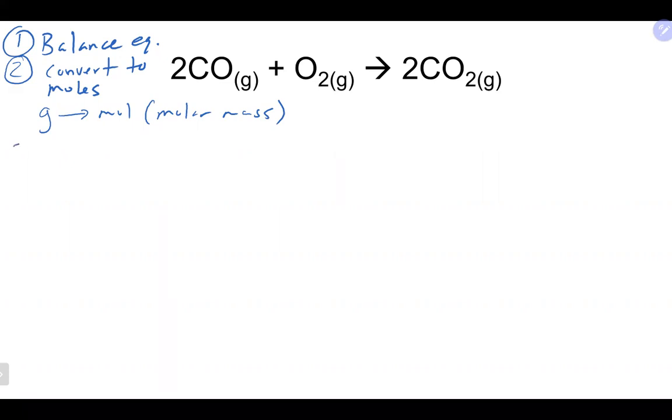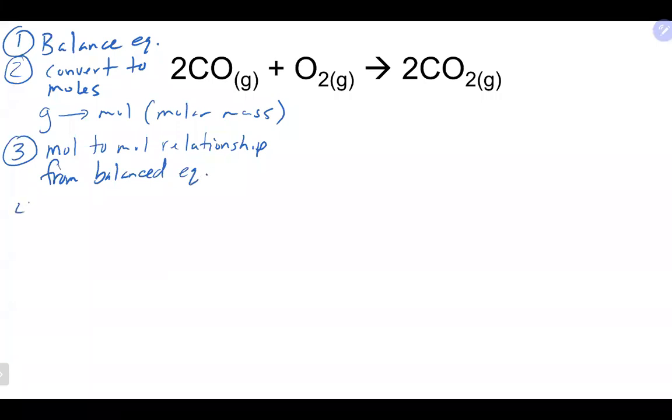And then the third step, no matter how crazy the problem looks, is actually the stoichiometry part. It is the mole to mole relationship from the balanced equation. The last thing that you do is, if you do steps 1, 2, and 3 correctly, you should always be in units of moles at this point.